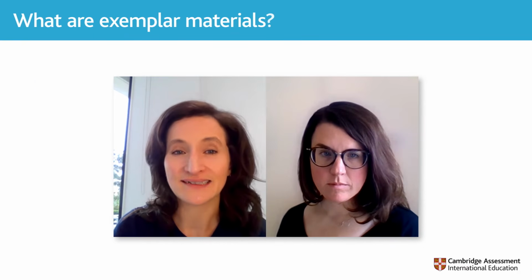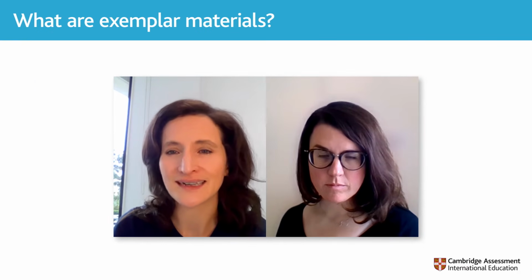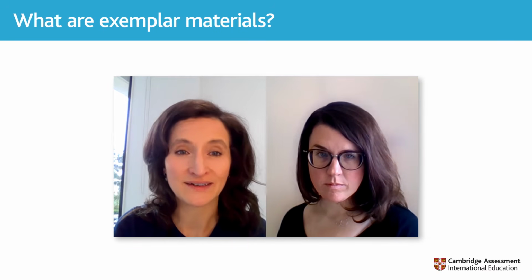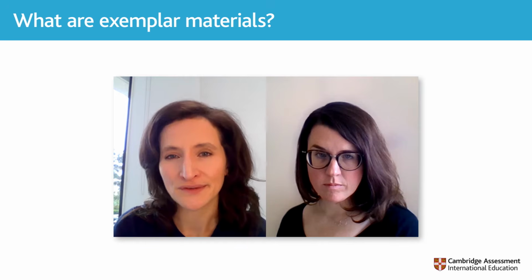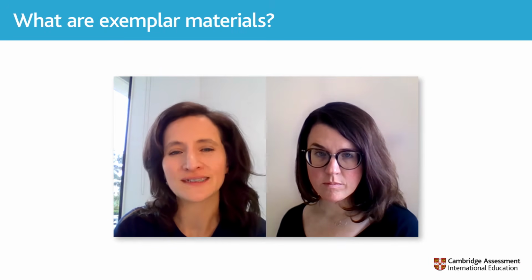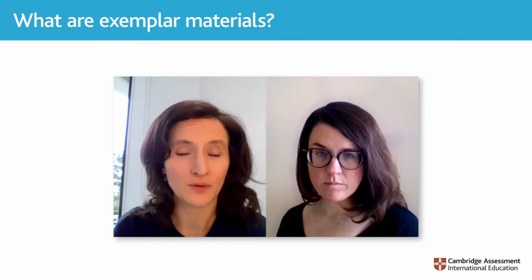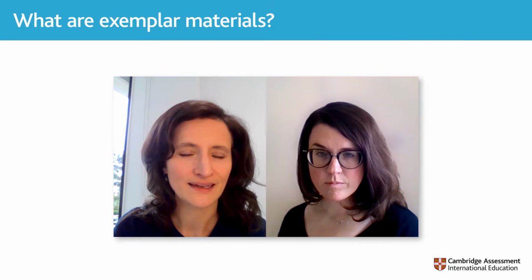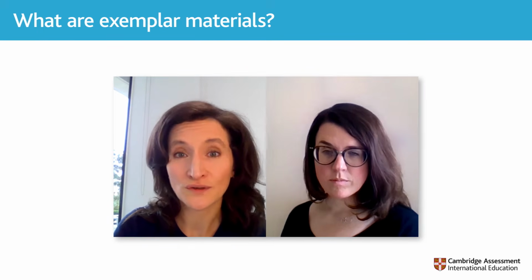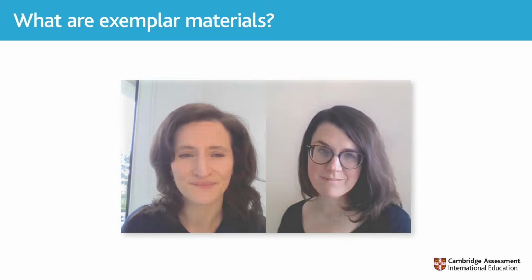Exemplar materials exist for each Cambridge International syllabus. Each set of exemplar materials gives examples of candidates' work which help our examiners mark different types of evidence within a portfolio of evidence. Exemplars can be past exam papers or coursework, for example.